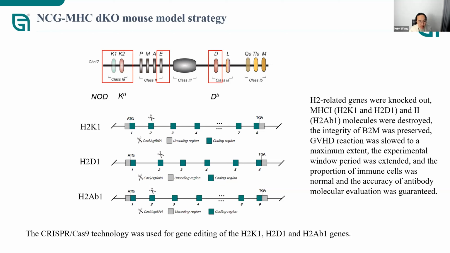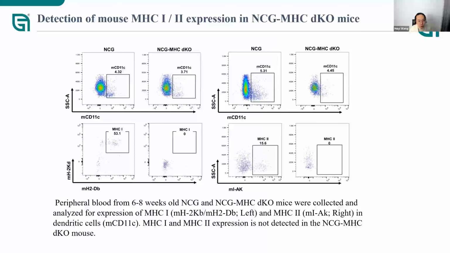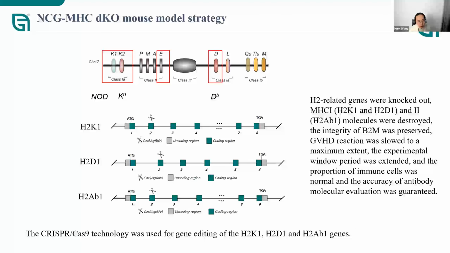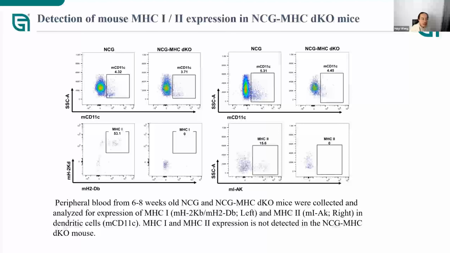So the experimental window period was extended, the proportion of immune cells will be normal, and antibody molecular evaluation was guaranteed. This is the detection of mouse MHC1 and MHC2 expression in NCG MHC-DQ mice.